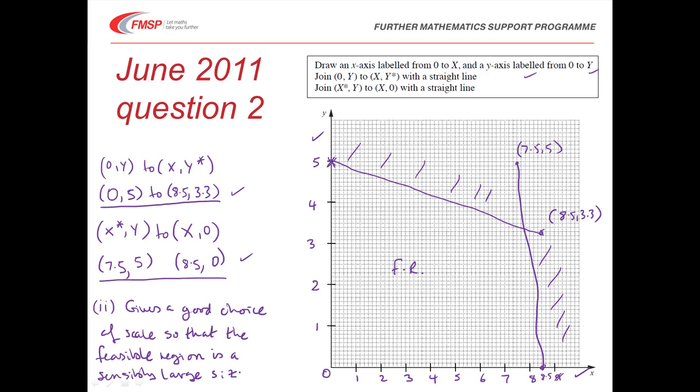And there's one final mark for making that kind of comment about the region and the size of the region.